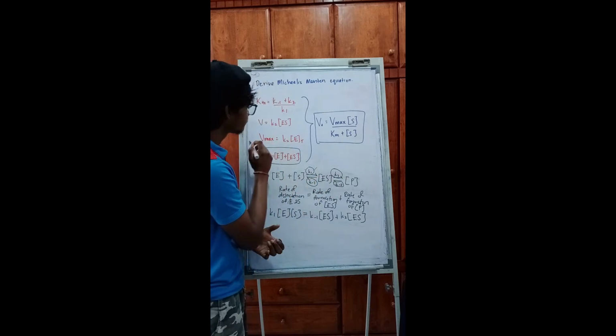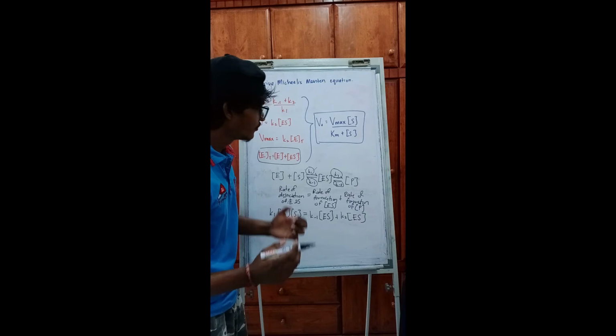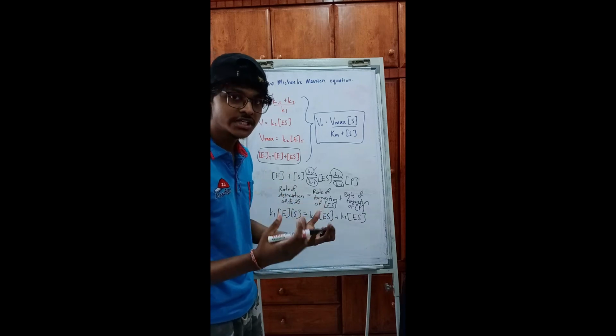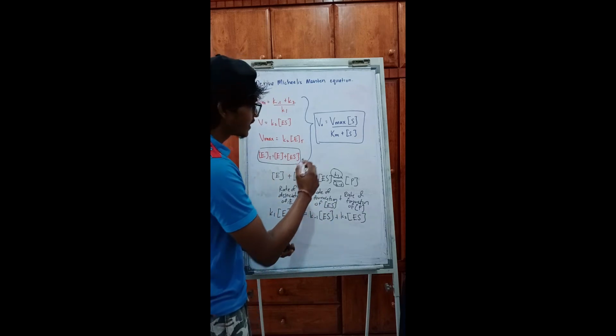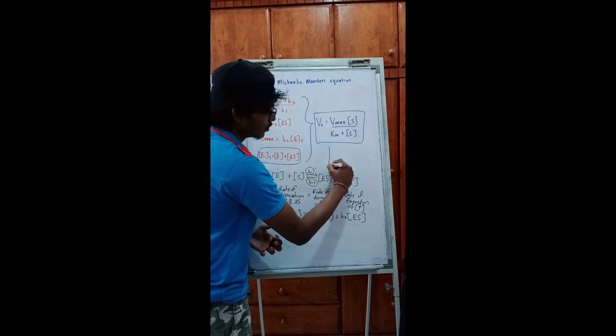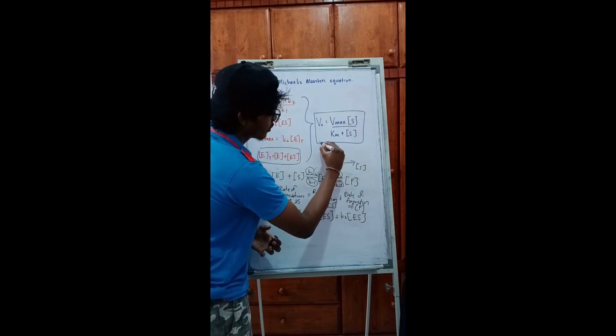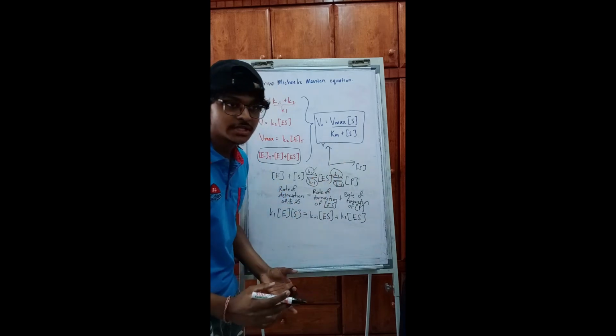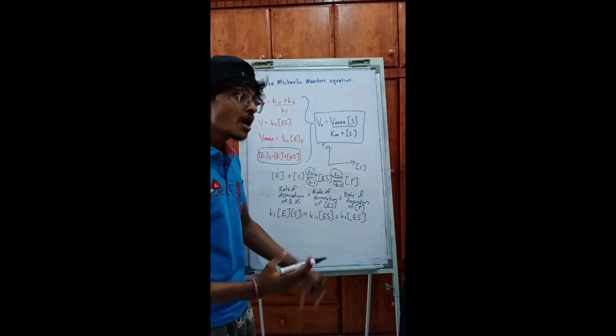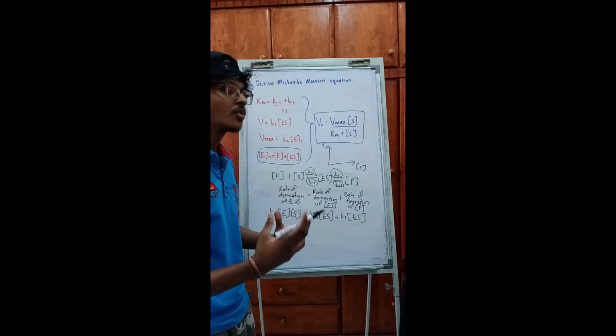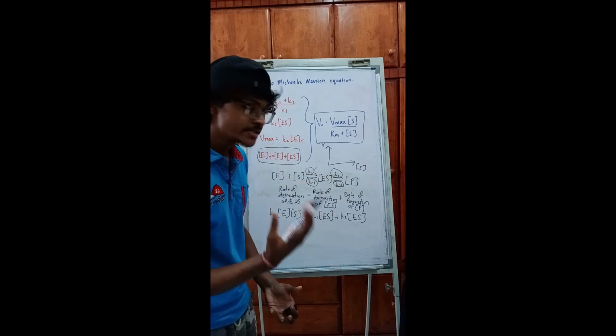Next, Vmax. Vmax is the maximum velocity of an enzyme. The graph looks like this: this axis is the substrate, and this is the velocity. Velocity means the rate of reaction, or how fast and how efficient the enzyme is working.